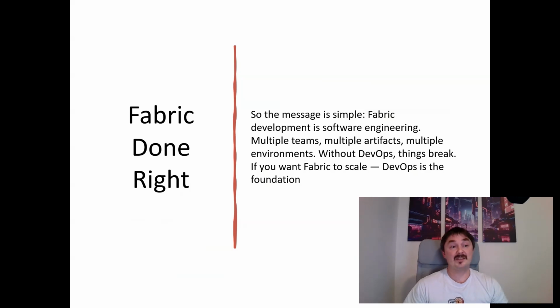And the message is pretty simple. Let me read it from the slide. Fabric development is actually software engineering. Multiple teams, multiple artifacts, multiple environments. And without DevOps, things will break. But if you want DevOps, then you will have that scale and ability to use Fabric for enterprise.